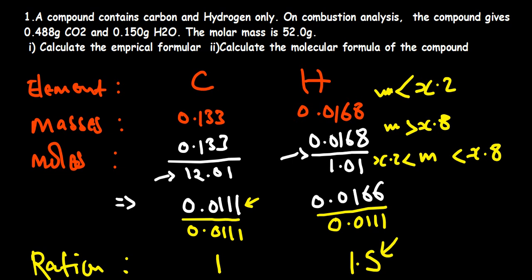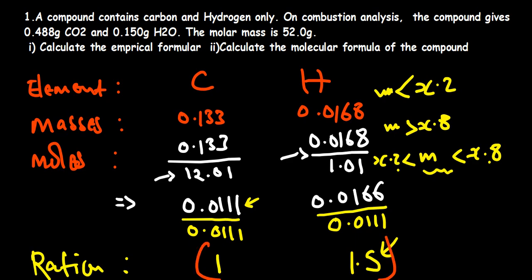So how do we deal with such numbers? You have to look for a number to multiply these ratios by such that you get a whole number. So here this is just 1.5. If it's 0.5, just multiply by 2. If it's 0.3, make sure you multiply by 3.